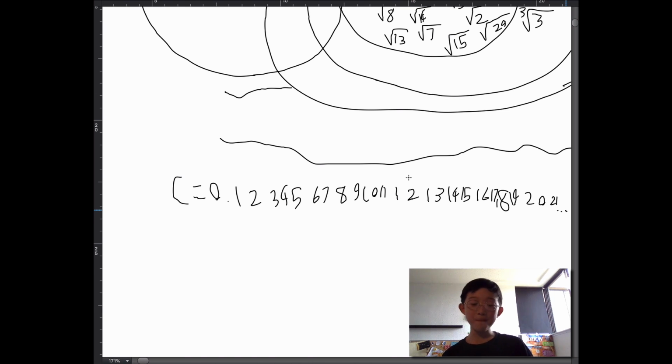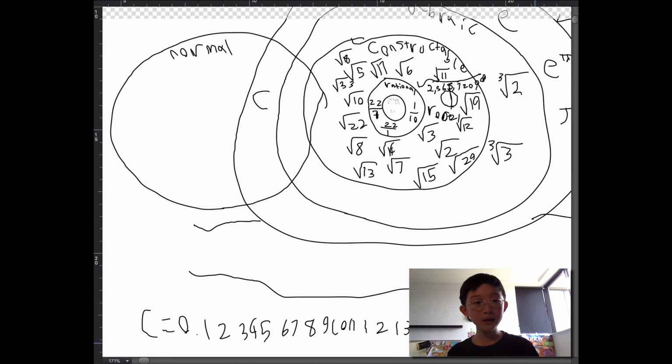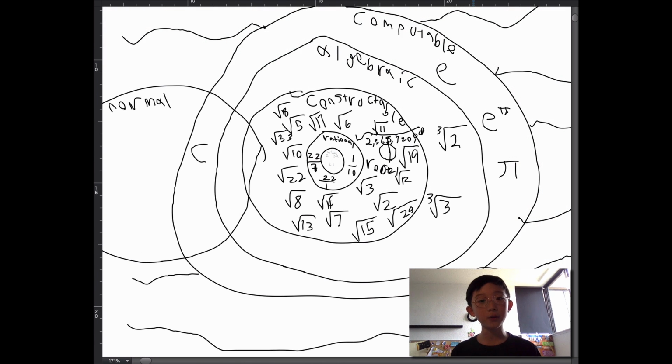Okay, anyway, so that is a number that's normal, and it's also computable.